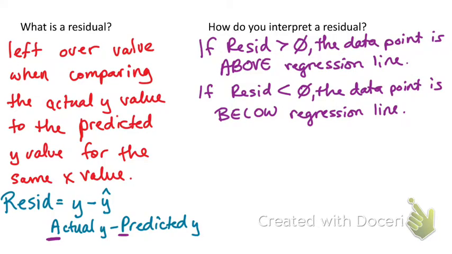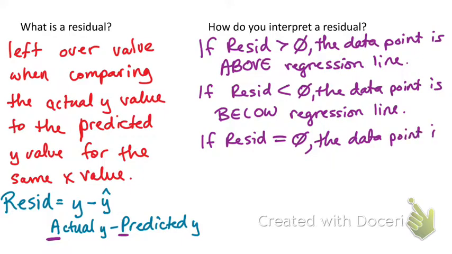Are those my only two options for residuals? No. What else could happen? What if I get a residual of 0? What does that mean happened? It's on the line. The data point is right on the regression line. If the residual equals 0, the data point is on the regression line.